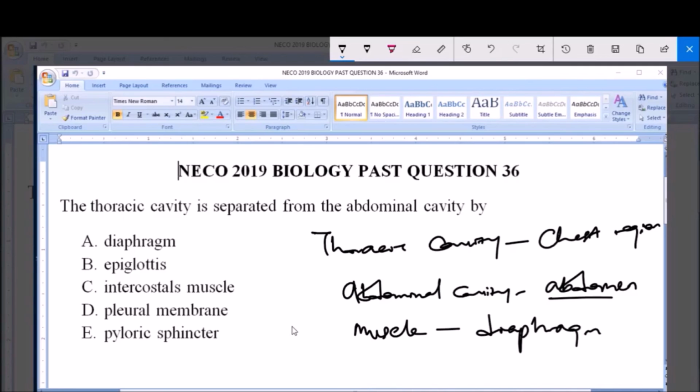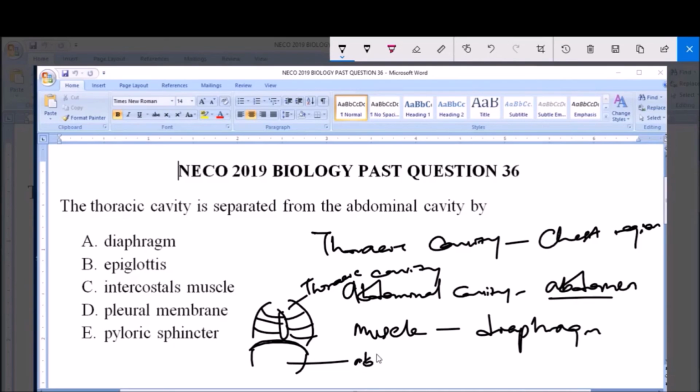Now let me just give a brief sketch. Let's take, for instance, this is the thoracic cavity with the ribs. This is the sternum. Now the diaphragm is a muscle like this. This is the diaphragm, separating this thoracic cavity from the abdominal cavity.